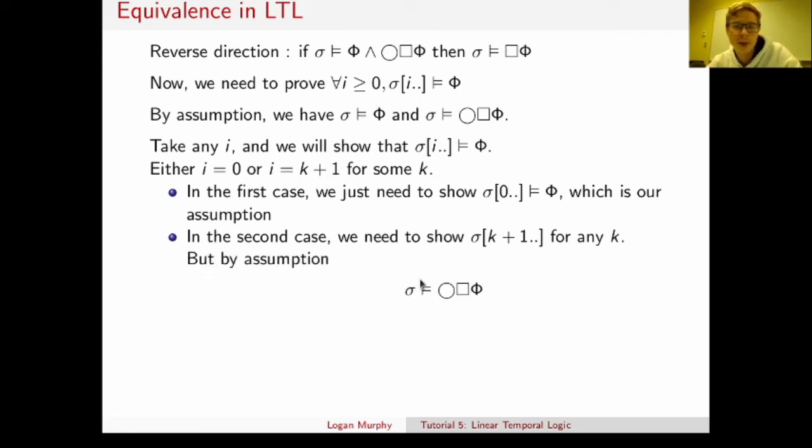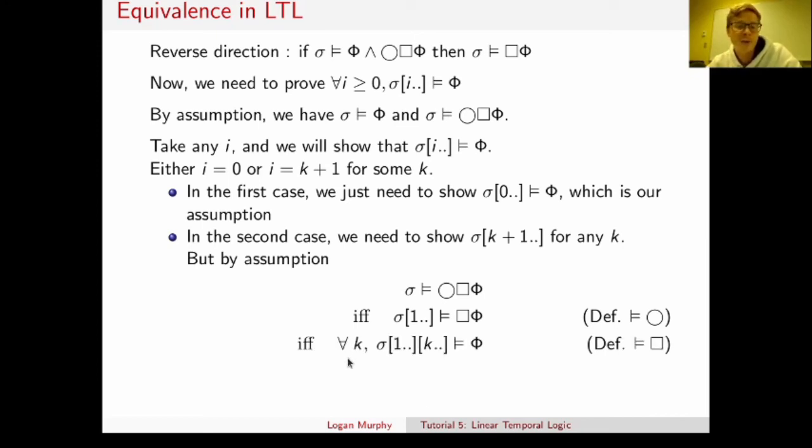By assumption, we have sigma satisfies next always phi, and if we unfold the next operator, we get sigma at 1 satisfies always phi, and then we can take that universal quantifier: for any k, sigma 1, and then k after that satisfies phi. But of course, this is the same thing that we needed to prove: for any k, sigma k plus 1 satisfies phi.